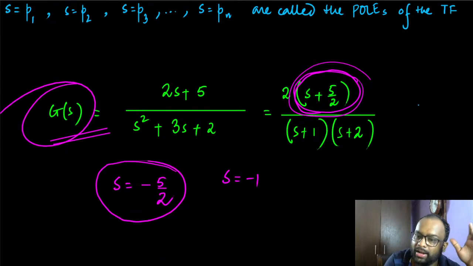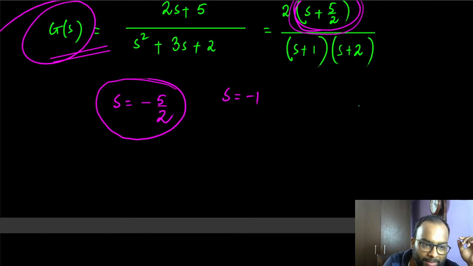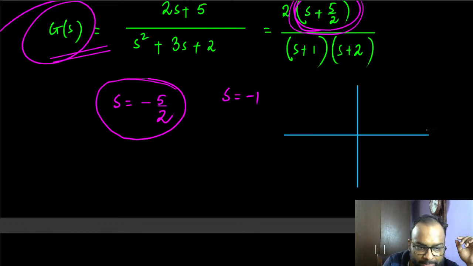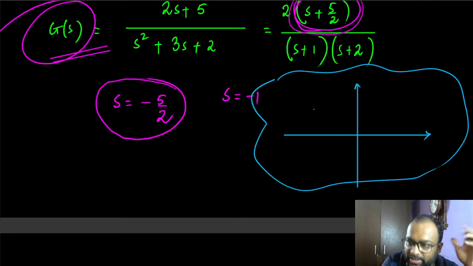The name pole essentially came from a complex analysis idea. Imagine you are walking in a field. Complex numbers can be described as 2D in the Cartesian plane, so this is like the x coordinate, which is the real part of the complex number, and this is the imaginary part. So this is like a big field, and you are walking along it and you see an infinity.